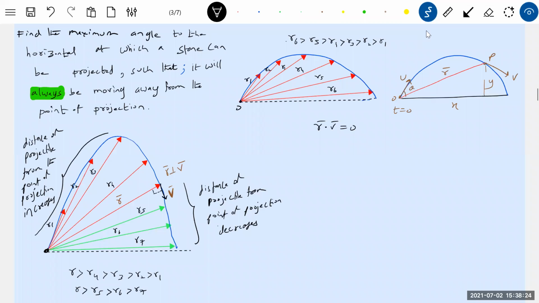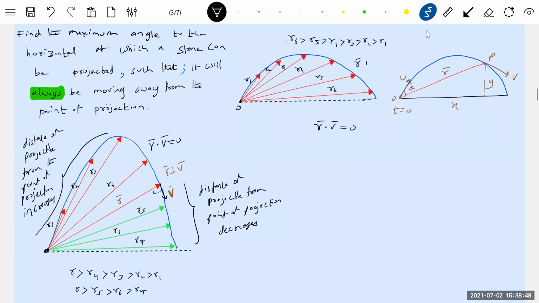If R bar dot V bar is equal to 0, it means the projectile is not always moving away from the point of projection. If the dot product is not equal to 0, it will move away from the point of projection. So what is the necessary condition here?